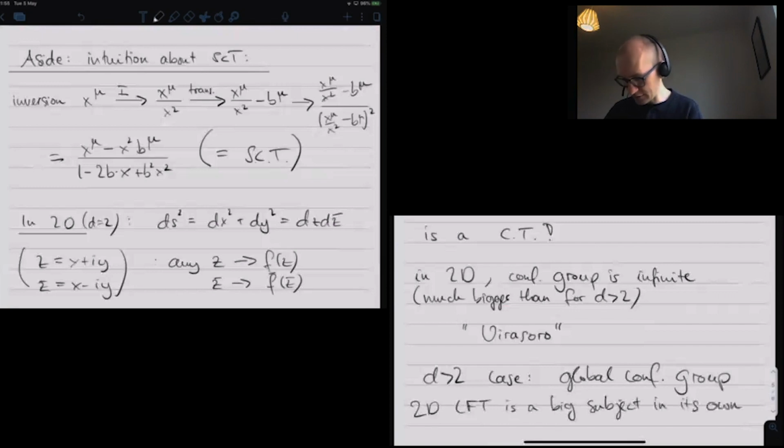It's mathematically extremely beautiful structure, and conformal symmetry in 2 dimensions in some sense is much more powerful than it is in higher dimensions. And so what you can do is you can derive many non-trivial results that are not accessible in higher dimensions, because the conformal group is just that much more powerful in 2 dimensions.